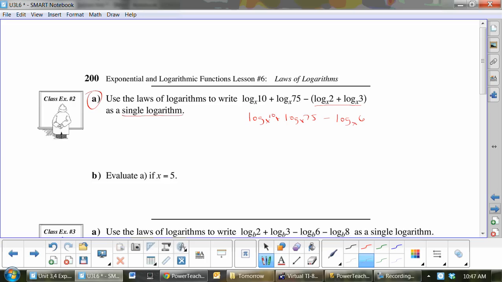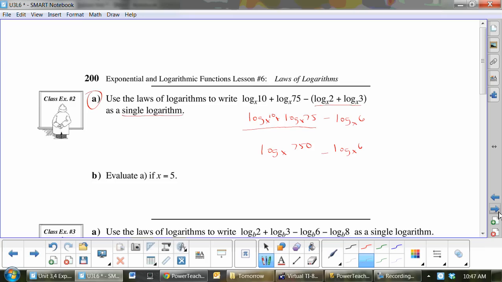I forgot my 10. Okay, so what would this be? This would be log x of 750. And then that's minus log x of 6.